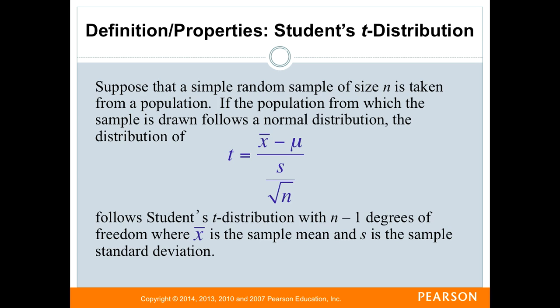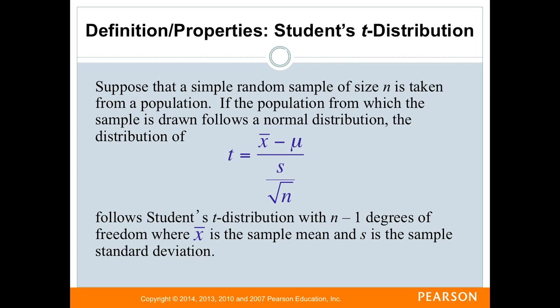If the population from which the sample is drawn follows a normal distribution, then the distribution of t, which is calculated by taking x bar minus mu divided by s over square root of n, is going to follow the Student's t-distribution with n minus 1 degrees of freedom, where x bar is your sample mean and s is the sample standard deviation. Now, you'll notice there's no sigma in this formula, and that's why we're using Student's t-distribution, actually.